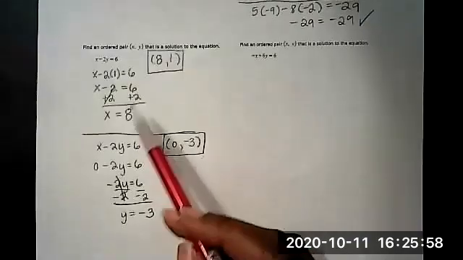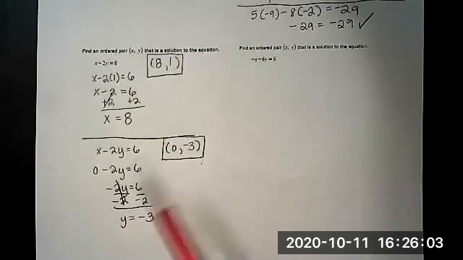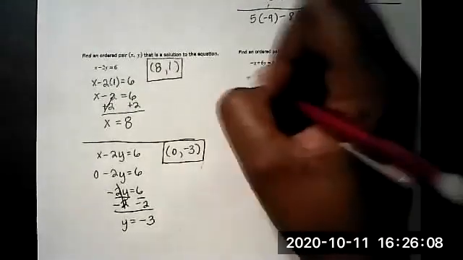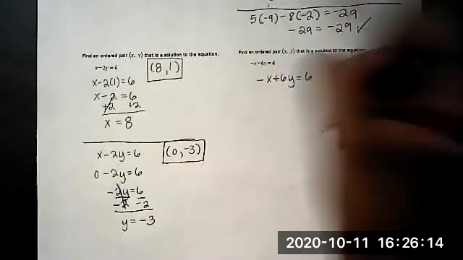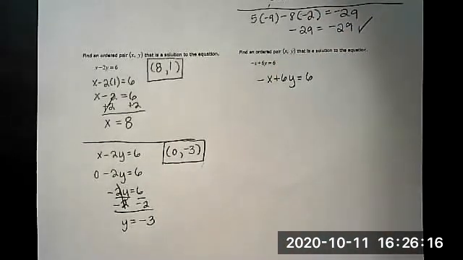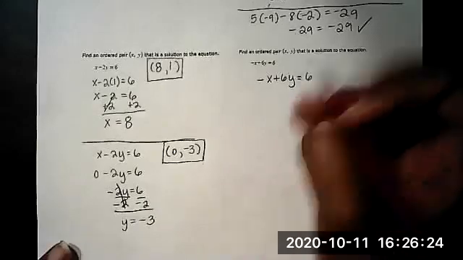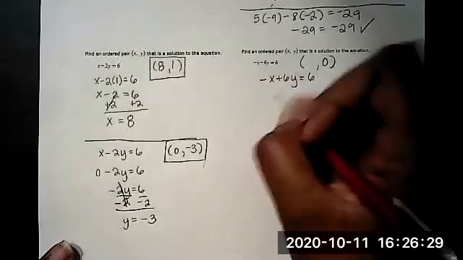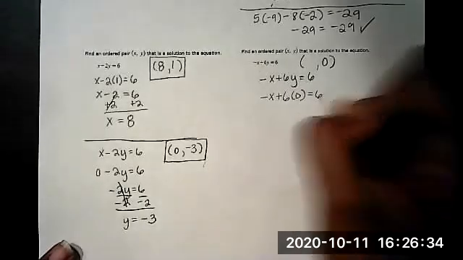So you can do that to find out what a point would be on the graph by just replacing either x or y with any number you want. So let's try it here. We have negative x plus 6y equals 6. I'm going to choose a number, let me say 0, for y. So this is negative x plus 6 times 0 equals 6.